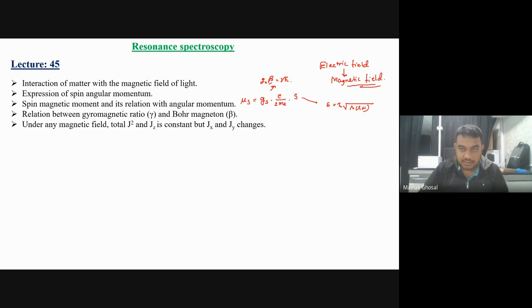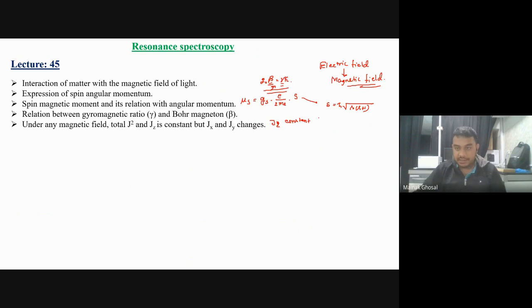This is called the Bohr magneton, which has a formula, and this is called the gyromagnetic ratio. It was also shown that under any magnetic field, the z component of J is constant.